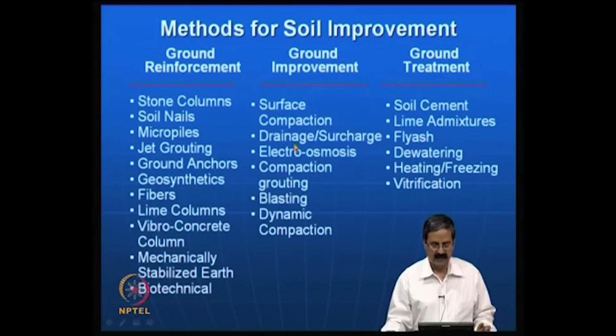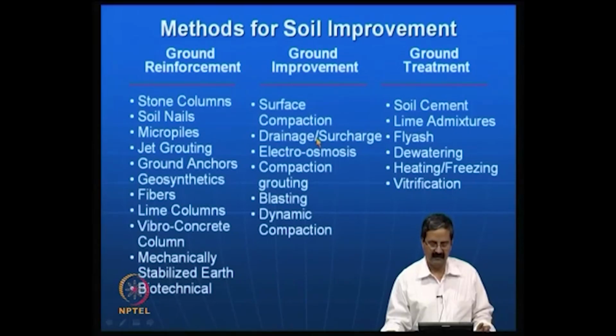As I just mentioned, you remove water from the soil and it leads to drainage, and because of the drainage or the expulsion of water, there is an increase of shear strength. So, one way of removing water is by putting a lot of load, what is called a surcharge or a preload. In fact, we call it a preload. You will know the concept of pre-consolidation pressure.